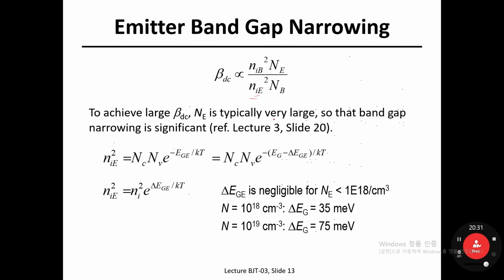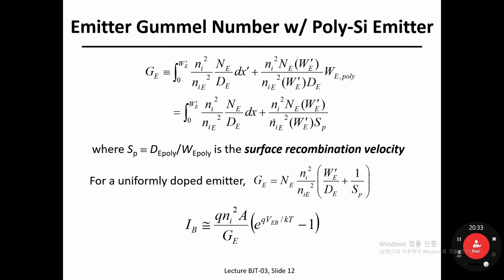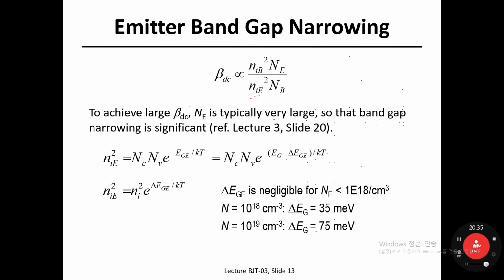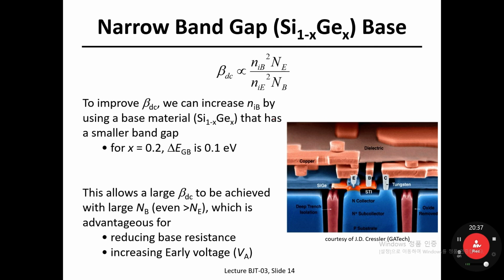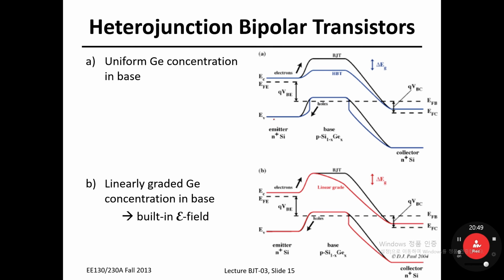Then we're going to redefine the emitter Gummel number with the polysilicon emitter and the bandgap narrowing issue. And what if we use silicon germanium instead of silicon in the base region? What kind of benefits can we expect?